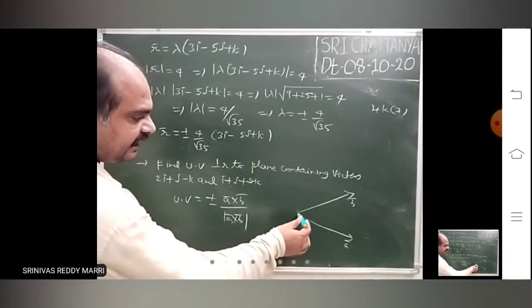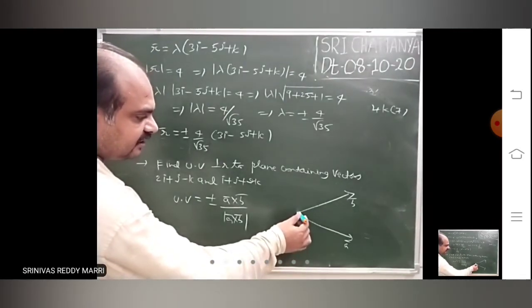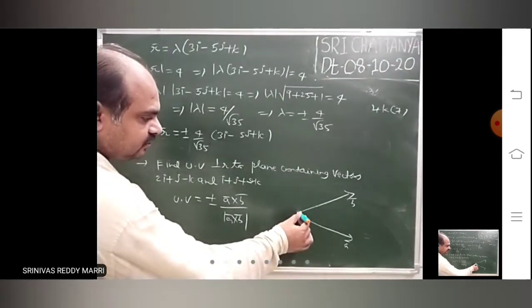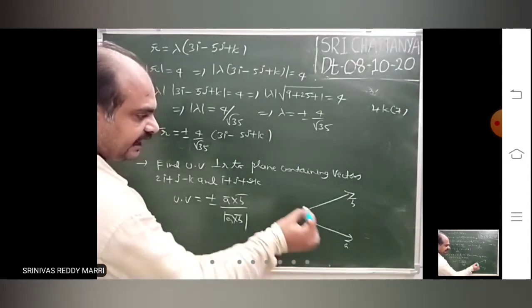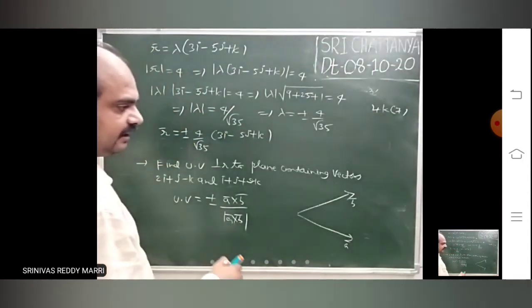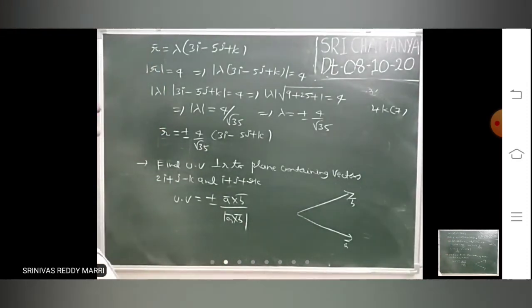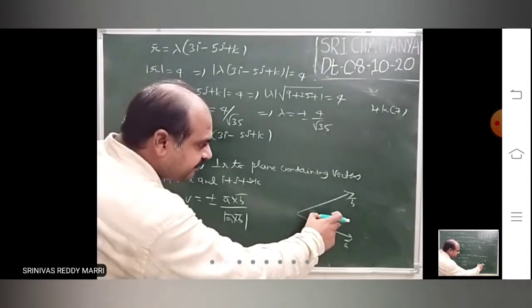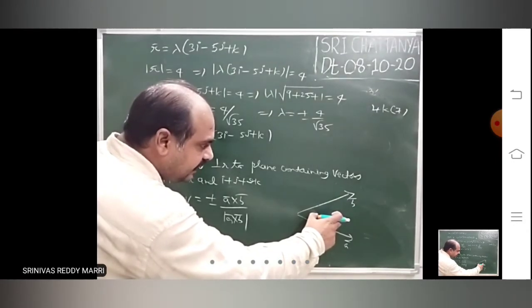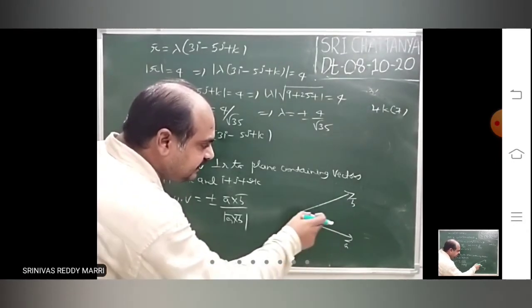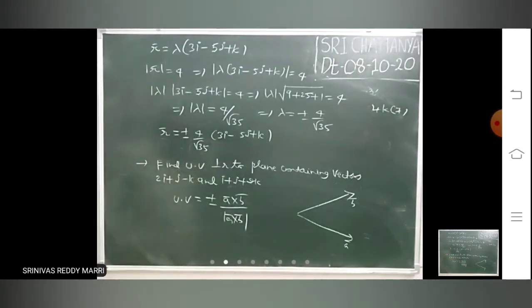You want to find the unit vector along the normal. Keep the pen, so this line will be normal to the plane which contains A bar and B bar. What is the formula? If A bar, B bar are there in the plane, the unit vector in the perpendicular direction of A bar and B bar is nothing but plus or minus A bar cross B bar divided by modulus A bar cross B bar.